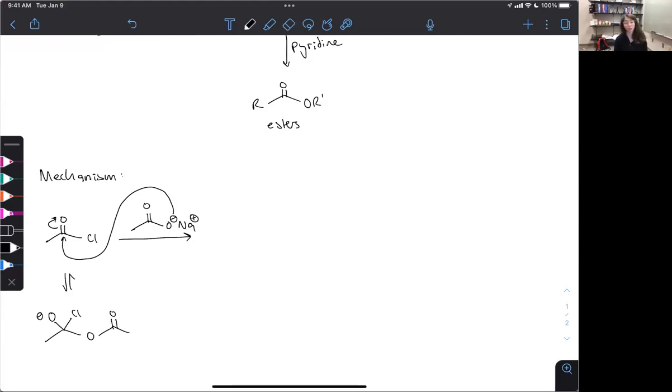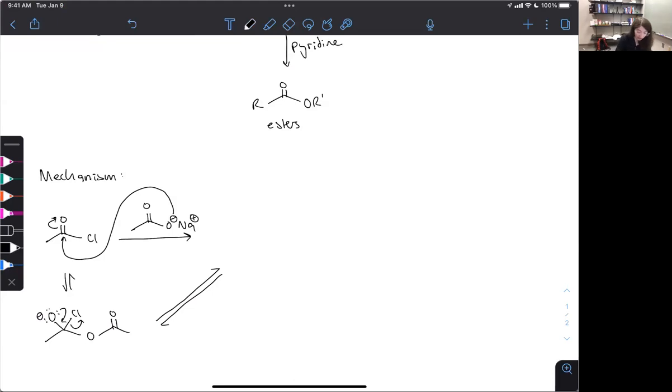Okay, so you already see that we're pretty close to our final product at this point. So all we need to do is break apart that tetrahedral intermediate. We're going to have the chlorine leave. And so the chloride is a better leaving group than the acetate.